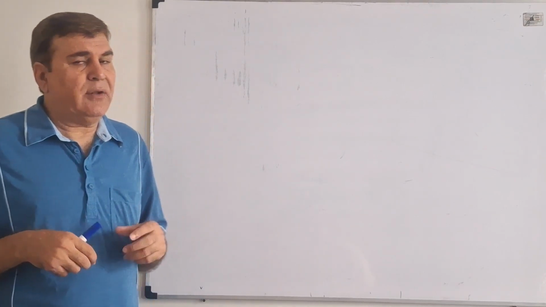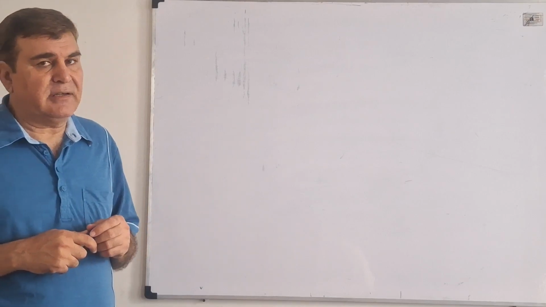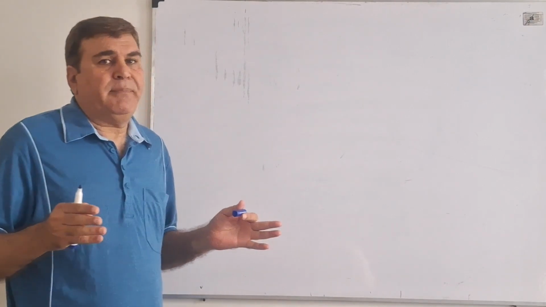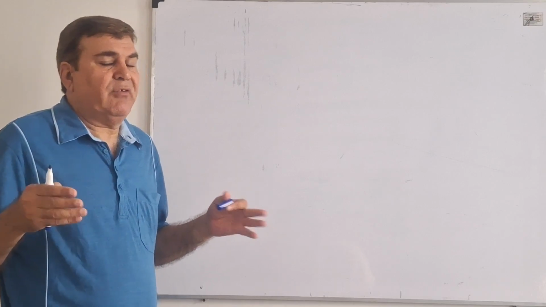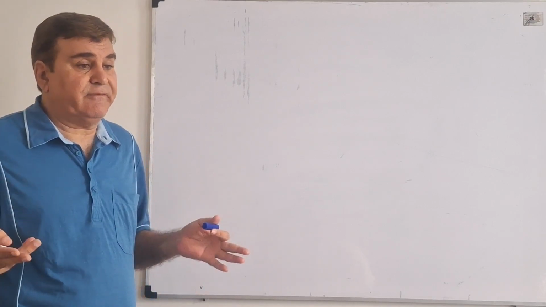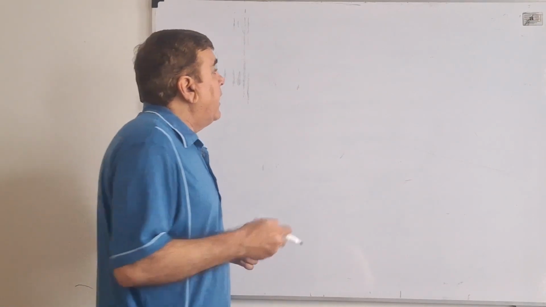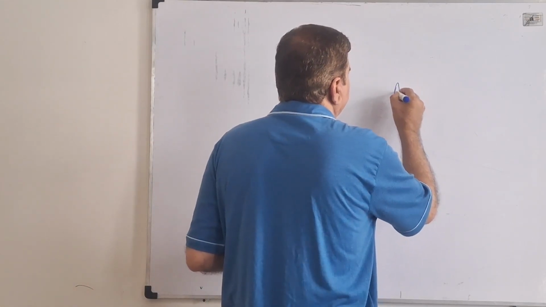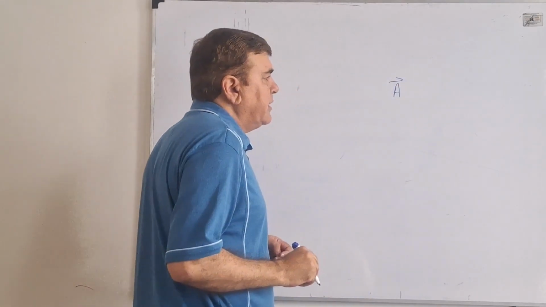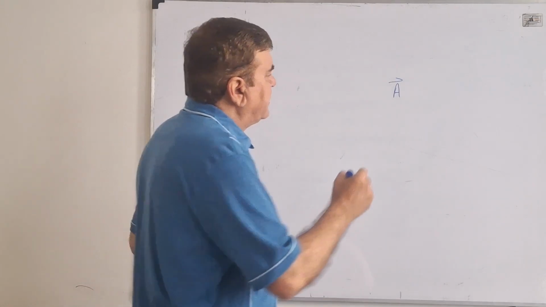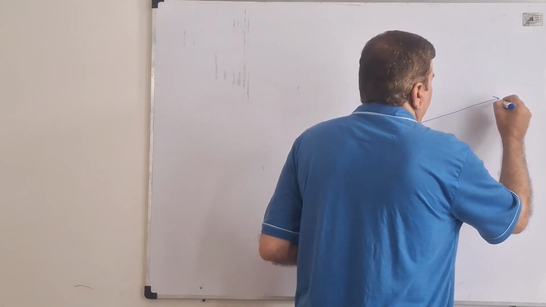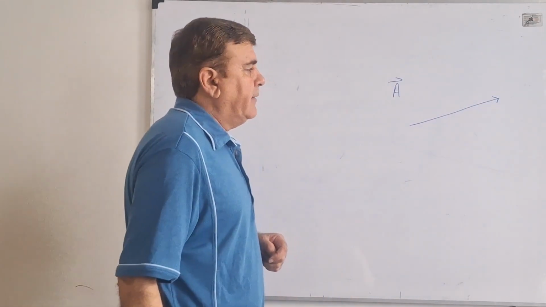But let me begin with the definition of graphical representation. If we have a vector, whatever it may be, irrespective of its dimension, irrespective of its unit, we represent it symbolically, let's say, with A. So A is a vector, then graphically this vector is represented with a line and an arrowhead at one end of the line.